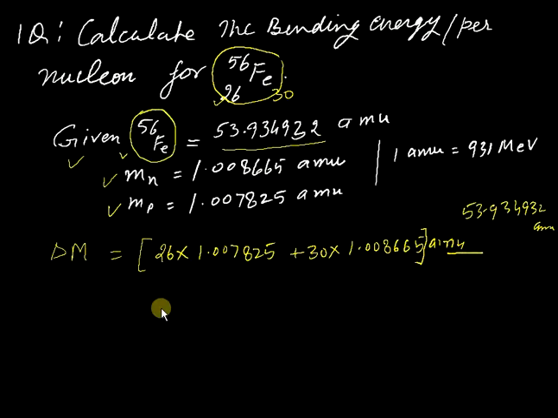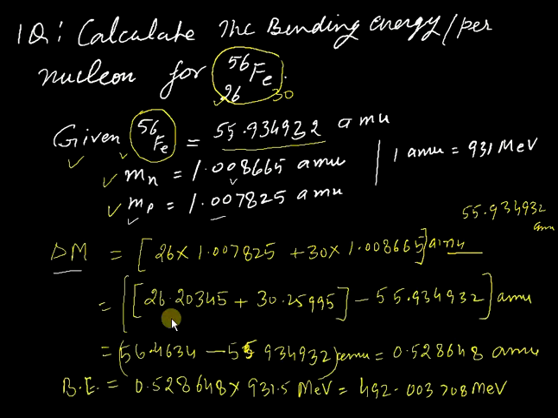So the mass defect is equal to Z multiplied by the mass of the proton plus the neutron number multiplied by the mass of the neutron, minus the mass of the nucleus, which is given as 55.934932.